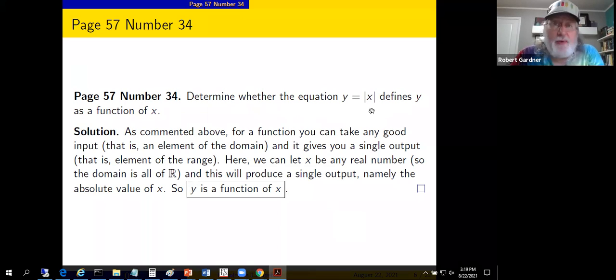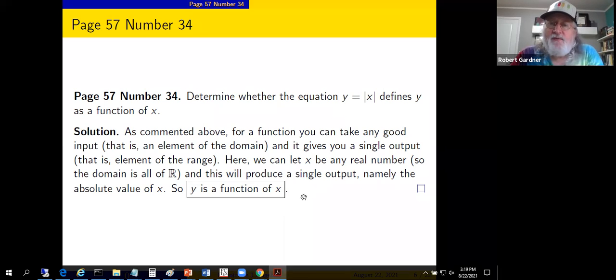What real numbers can you take the absolute value of? All of them. So by the way, the domain of this is all real numbers, because we can take the absolute value of anything. Do you get a single output? Yeah, it outputs the absolute value of that input. So yeah, it only gives you one thing out.